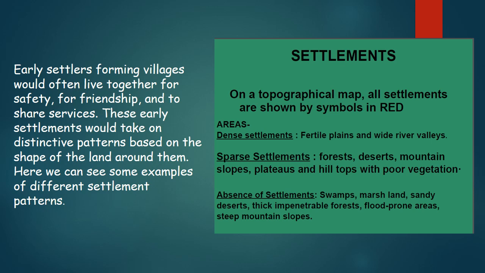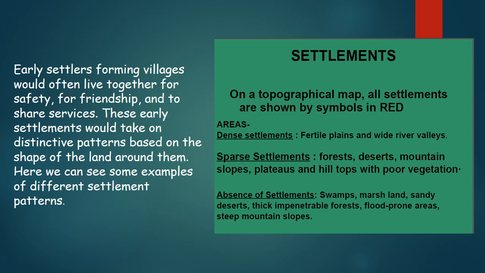Dense settlements are generally found in fertile plains where agricultural activities can be conducted, or wide river valleys. Sparse settlements are found in forested or desert areas, arid and semi-arid areas, mountainous regions, plateau regions or hilltops with poor vegetation. So those can be scattered settlements.